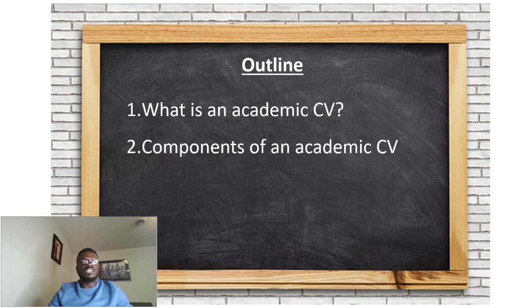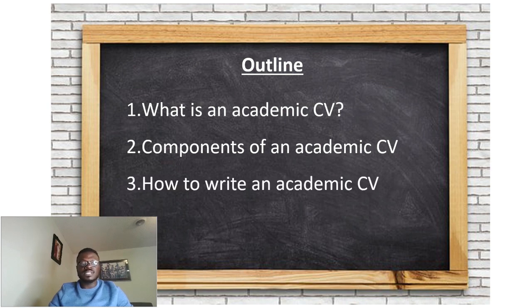Again, I'll be discussing the components of an academic CV. Specifically in this teaching, I'll be giving you 10 important components of an academic CV. And lastly, I'll be discussing how to write an academic CV. This is going to be a step-by-step guide on how to write an academic CV.